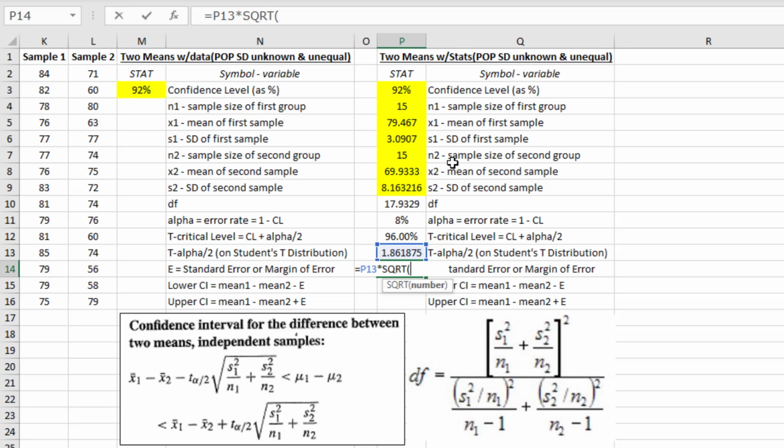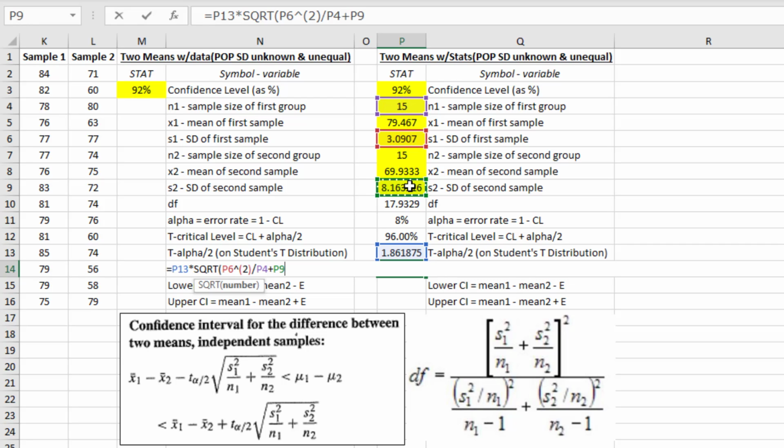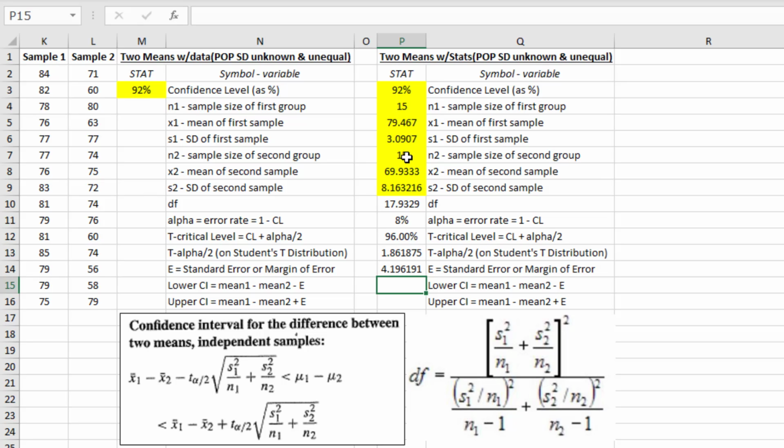So it's going to be the square root of the first standard deviation squared, divided by the first sample size, plus the second standard deviation squared, divided by the second sample size. That's going to give us our margin of error of 4 point something.